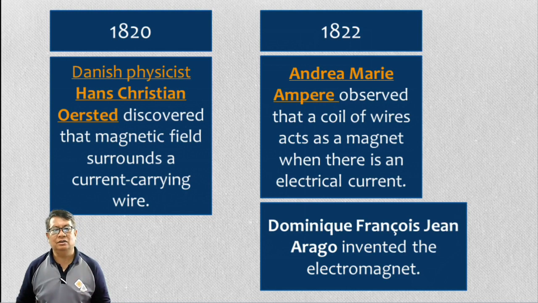We have Dominique François Jean Arago, who invented the electromagnet. So that is what we mentioned earlier about the electromagnet. It is called an electromagnet because one of the elements used to produce it is electricity.